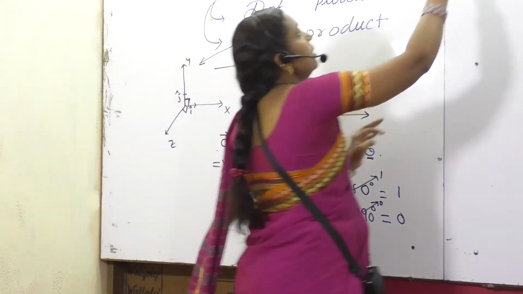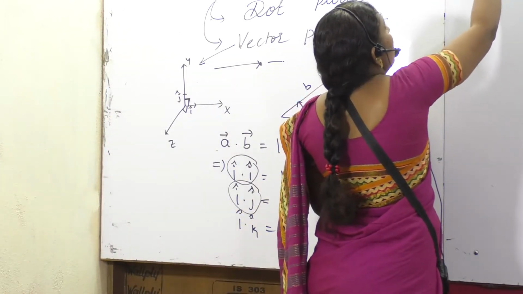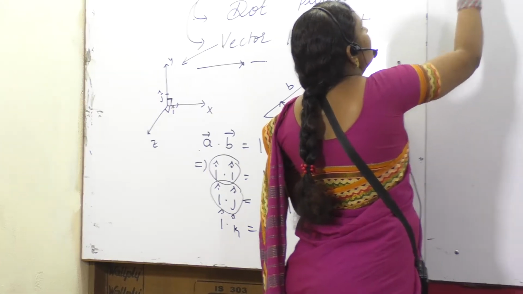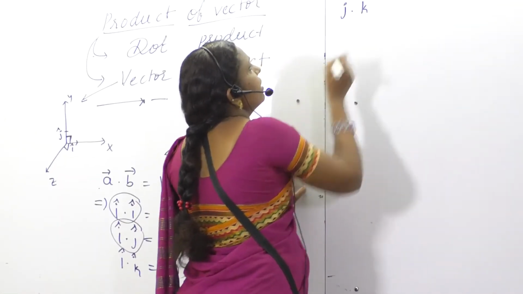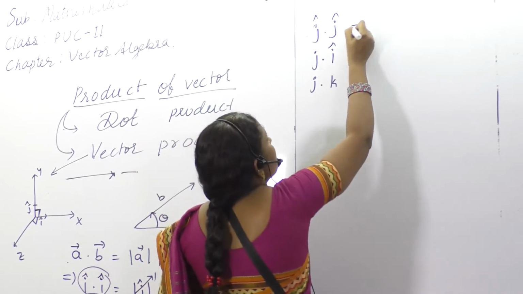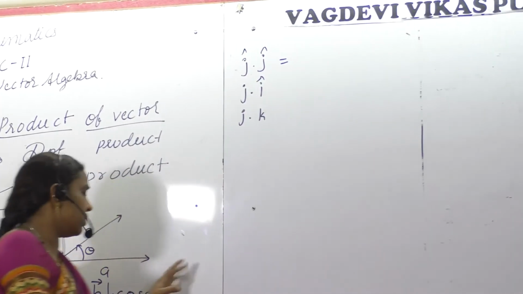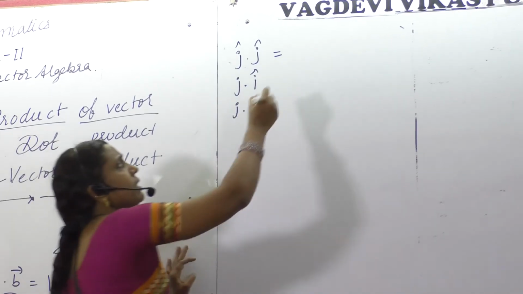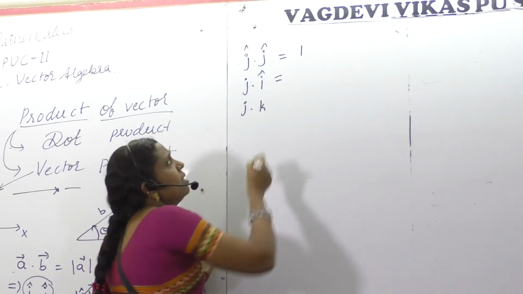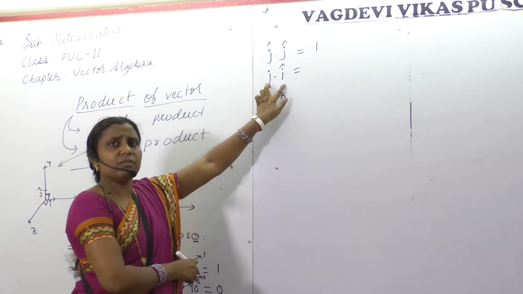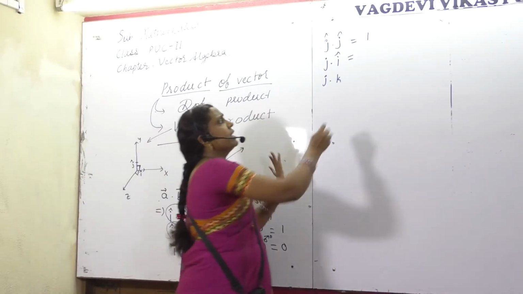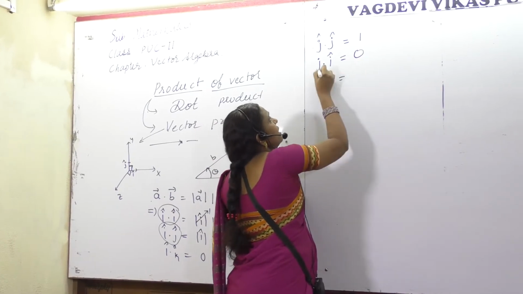Similarly, j dot j, j dot i, j dot k. For j dot j, theta will be 0, cos 0 is 1, so you get the answer 1. But between the other two, the angle will be 90 degrees, cos 90 is 0, and 0 into anything vanishes.